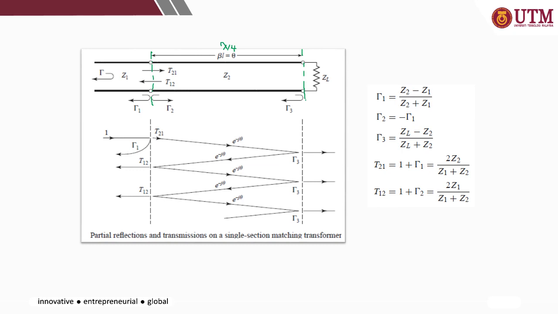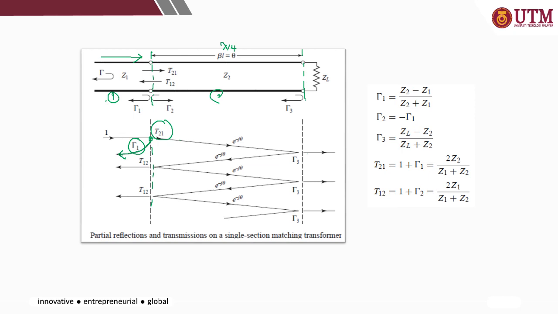What happens when the signal is injected into the line? There will be reflection at the intersection point, given by reflection coefficient 1 or gamma 1, and besides the reflected signal, there's also a transmitted signal from the first element to the second element. This is the transmittance from point 1 to point 2.